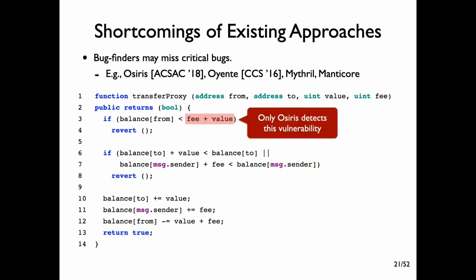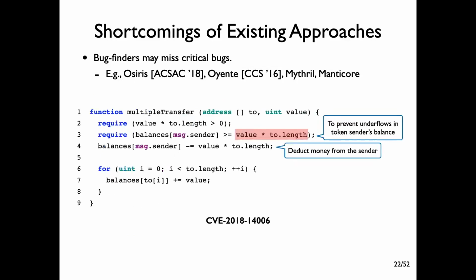Unfortunately, existing approaches for analyzing safety of smart contracts are unsatisfactory. Specifically, bug finders may miss critical bugs. For example, among the 4 bug finders in the slide, only Osiris can detect this vulnerability. Now consider another vulnerable function.